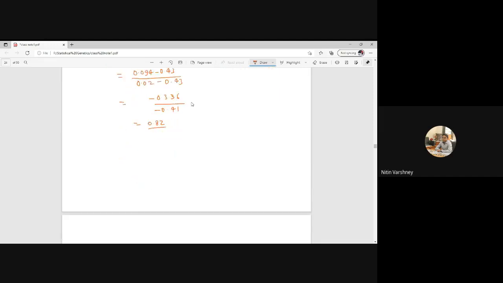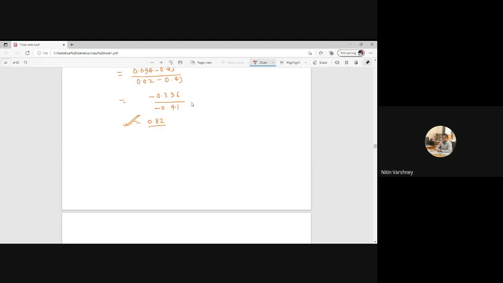So what is the interpretation of this 0.82? That 82% of genes were of West Africans, and the remaining 18% of genes were Caucasians.